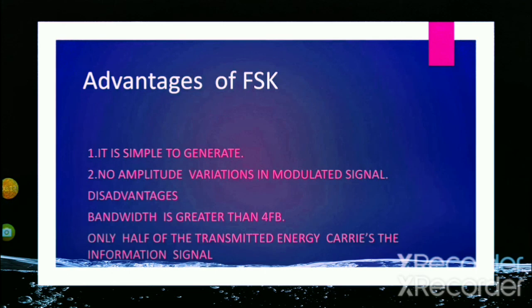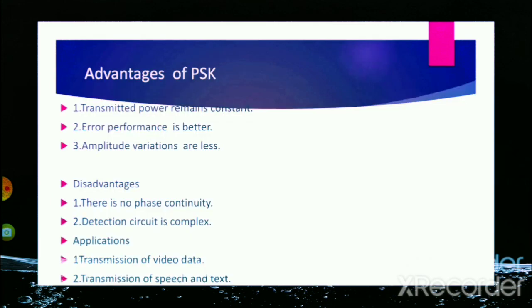Advantages of FSK. It is simple to generate. Second, no amplitude variations in the modulated signal. Disadvantages: bandwidth is greater than 4 FB, and only half of the transmitted energy carries the information signal.